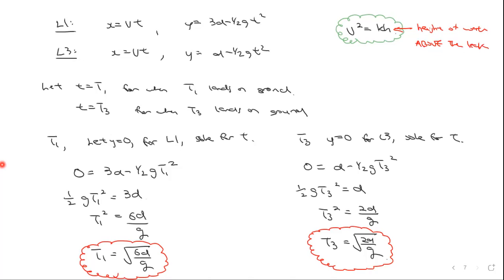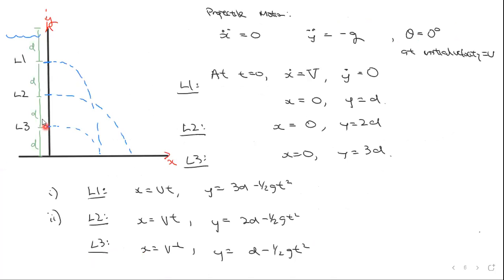The more water there is above the leak, the more is pushing down. Keep in mind that this water is 4d units high. I guess the water should be drawn a little bit higher over there. The water is 4 units high. So you can see for leak 1, h is just this water, d. And for leak 3, it's 3d.